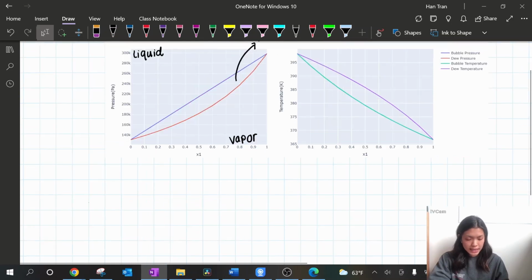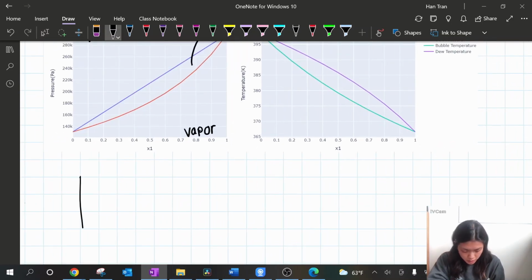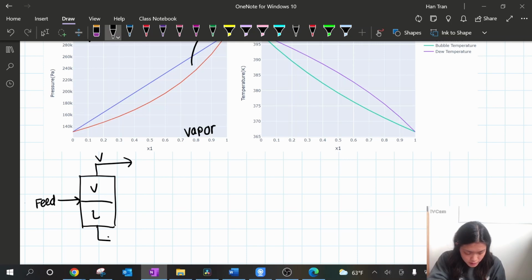In a previous video, we talked about flash calculations, and basically we talked about how a feed will go into a flash drum and separate out into vapor and liquid, and this vapor and liquid will travel out in two different pipes, and they will each have a mole fraction.